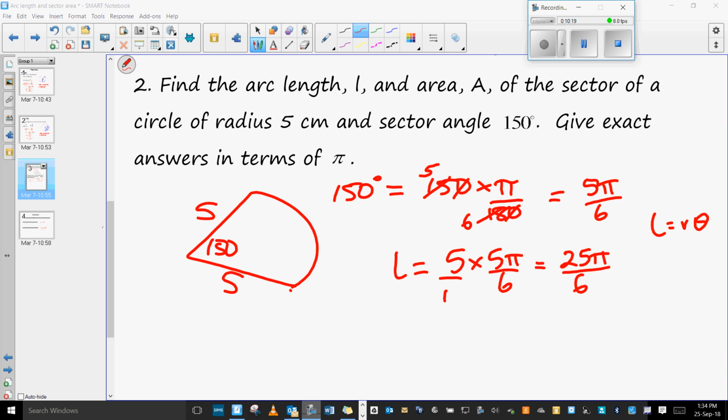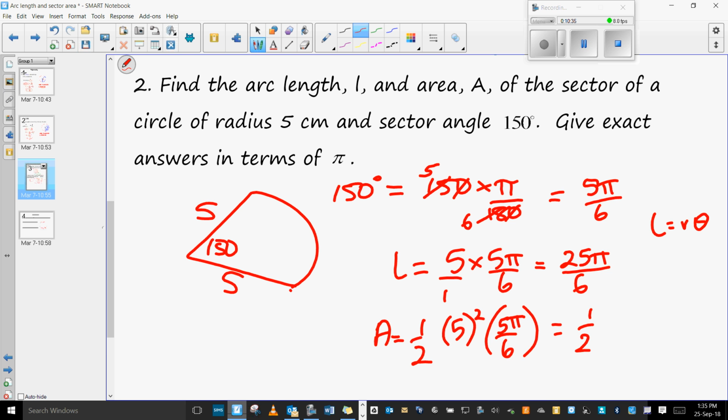And then we've got the area is a half r squared, so that's 5 squared. So we've got 1/2 multiplied by 25 multiplied by 5 pi over 6. I've kept my 25 up in the air because I know it's a whole number, so that's over 1.